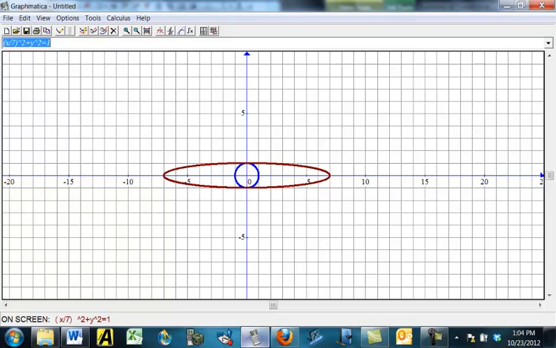It distorts both distances and angles. So notice the distance between the left and rightmost points in the original is 2. Well, now the distance is 7 times that. It's 14 this way. But distances vertically weren't changed. The distance from top to bottom was 2, and it's still 2.